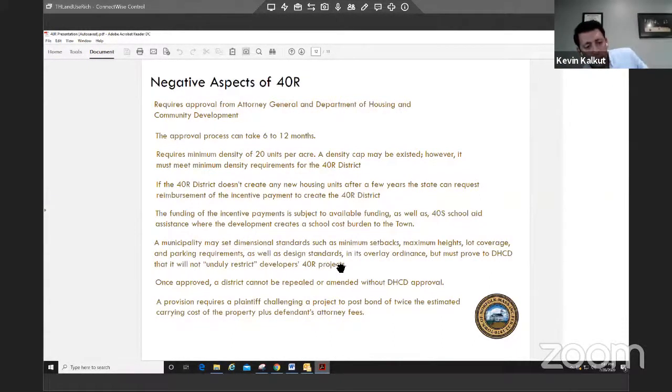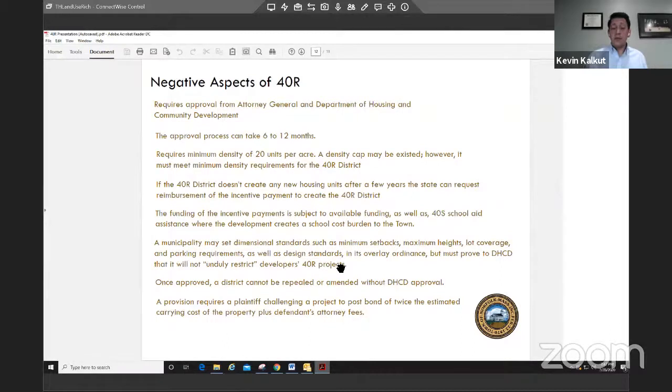So one of the reasons why there are some more stringent requirements surrounding the appeal process of these projects is because most of the work about setting the parameters for how these developments will look is done when you get the overlay district approved. We're going to be able to identify many of the aspects that we've already talked about as part of the zoning changes for the town center, as it relates to building height, building footprint, parking.